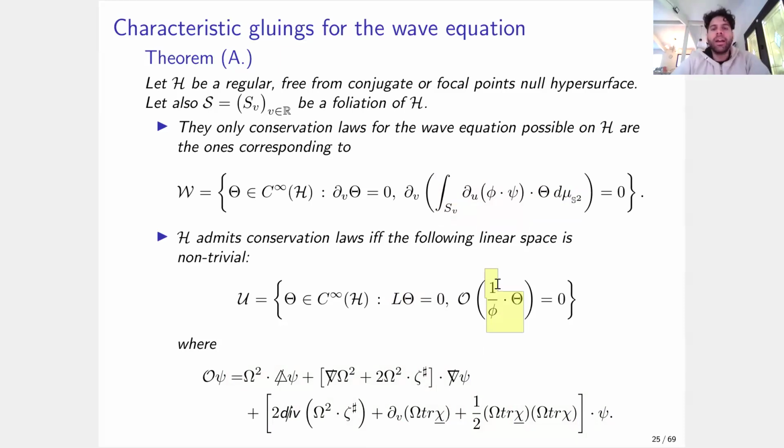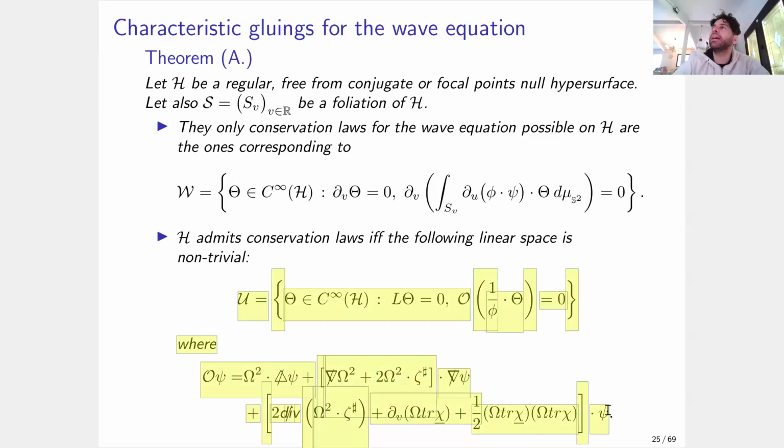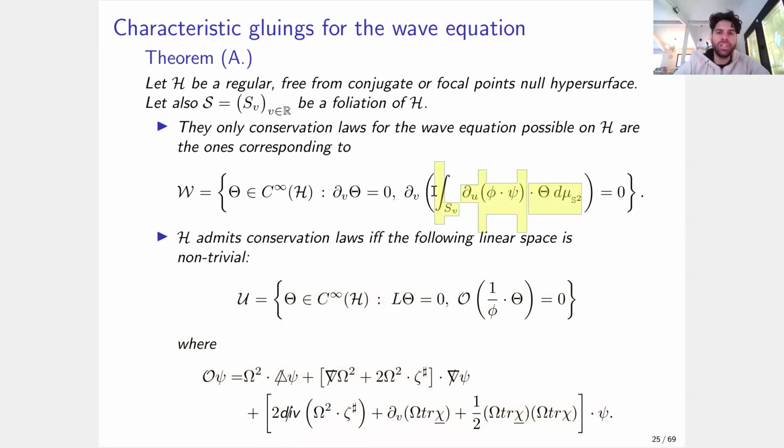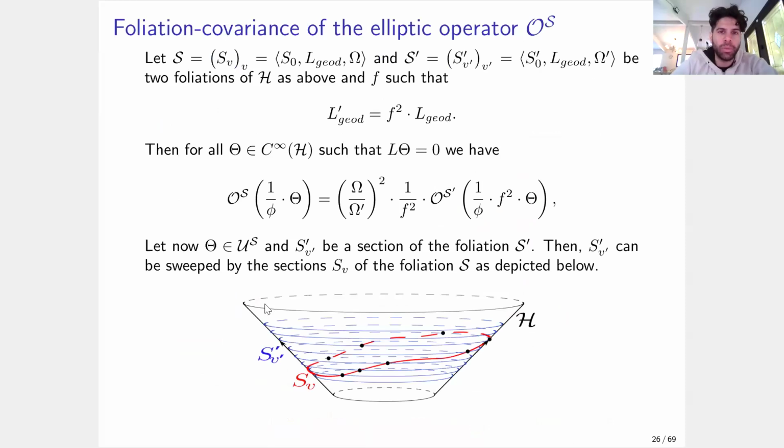So you have a common kernel over all adjoint operators for all your sections. So this is a purely geometric criterion on the existence of conservation laws. And as we said, this is a classification of conservation laws, which characterize when you have solutions to the gluing problem.